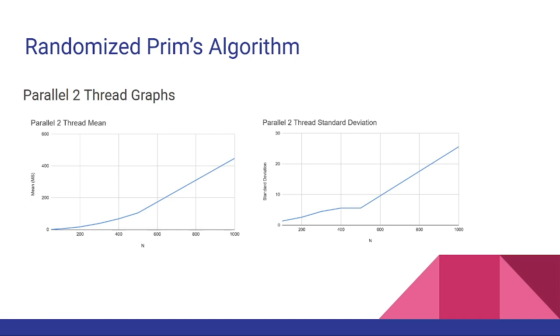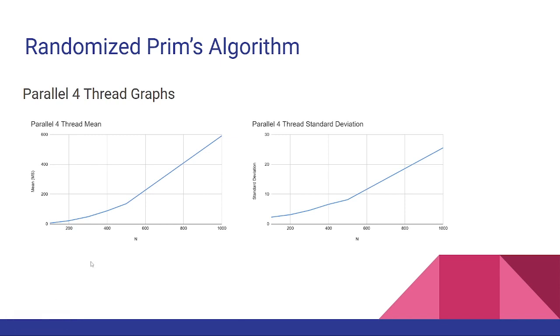The standard deviation is also worse. It starts off at about 2 milliseconds at a grid size of 50, about the same as the sequential version, but by the time the grid size reaches 1,000, the standard deviation is about 25 milliseconds.